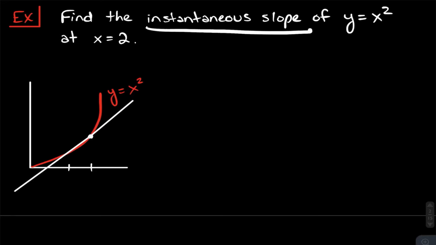And the instantaneous slope of this y equals x squared graph at x equals 2 is really just the slope of this line, because this line represents how fast this curve is changing at this point, at x equals 2. And so that's what we're really talking about here. But it's not going to be so straightforward. It's not like we just plug in 2 for x here. What we're going to have to do is create a slope function.